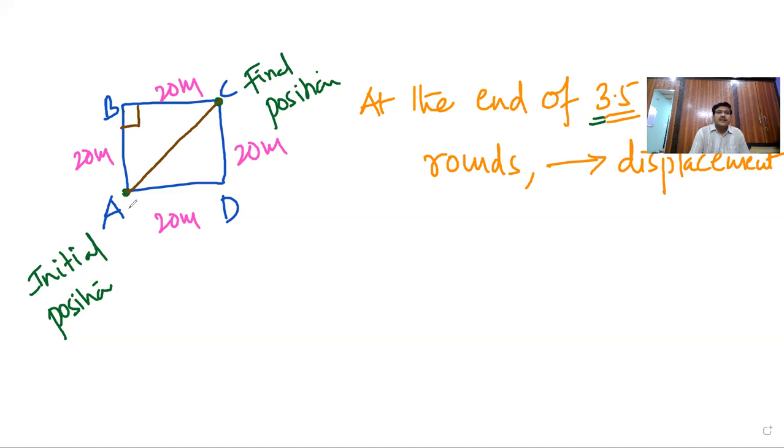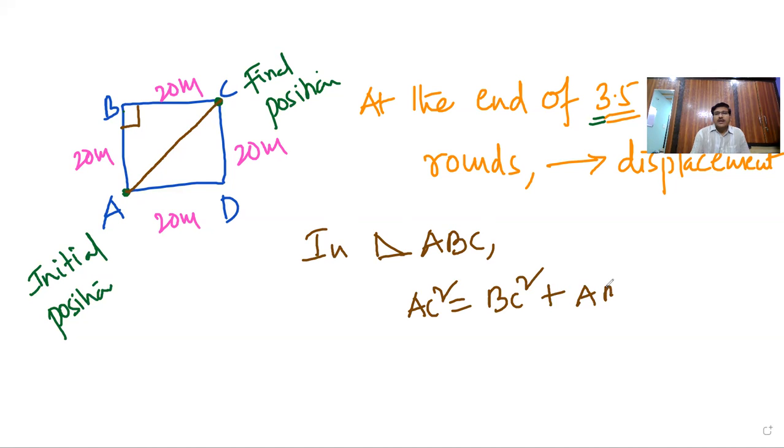Now, to find AC, observe this. ABC is a right angle triangle. We require the hypotenuse. So in right angle triangle ABC, AC square is equal to hypotenuse square, which is base square plus height square. Clear? That means BC square plus AB square.